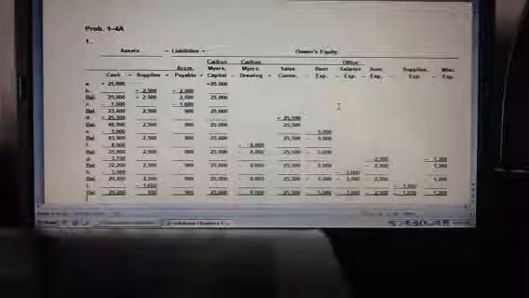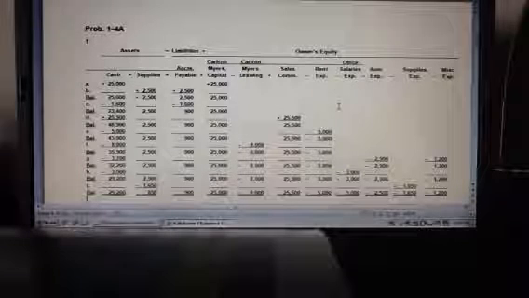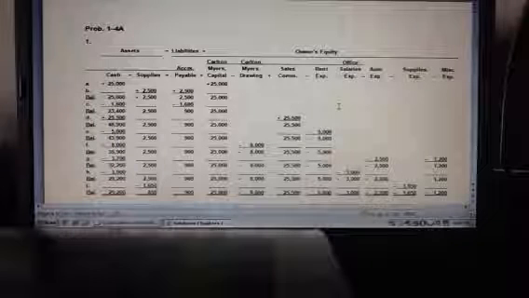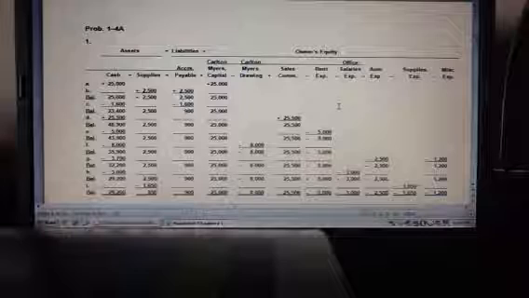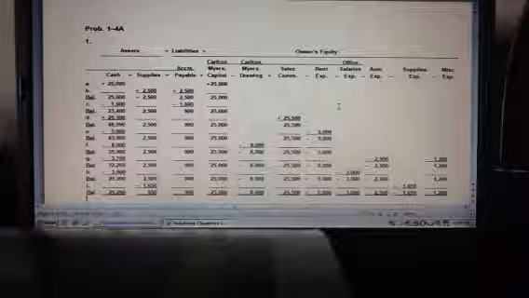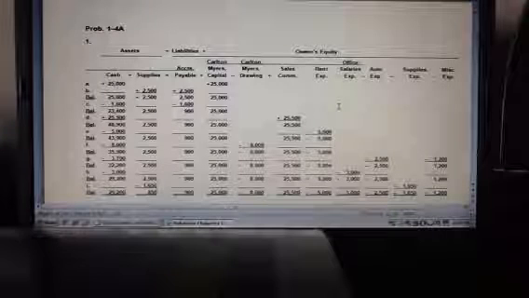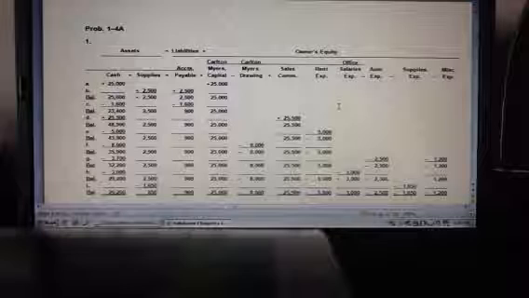Item G, we paid some miscellaneous expense and some automobile expense. Both of those decreased owner's equity and they decreased cash because we paid those. Item H, we paid some salaries. There also cash went down and we showed it as a negative number for salary expense.